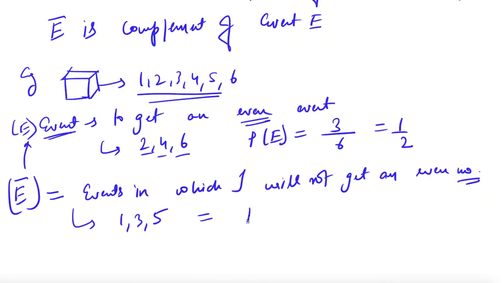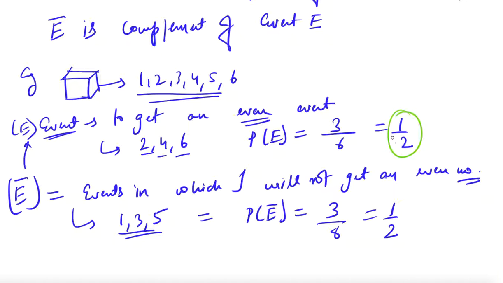So what is the probability of getting E bar? Again 3 possibilities out of 6, so 3 by 6, that is 1 by 2. Now see one thing very carefully: this 1 by 2 and this 1 by 2, when I add them together, you will get 1, right?